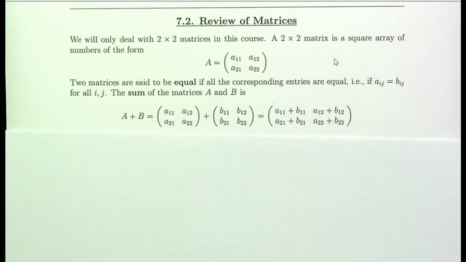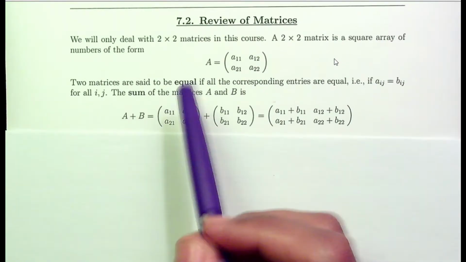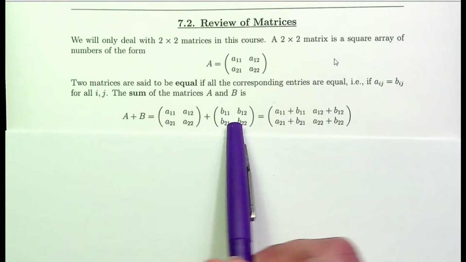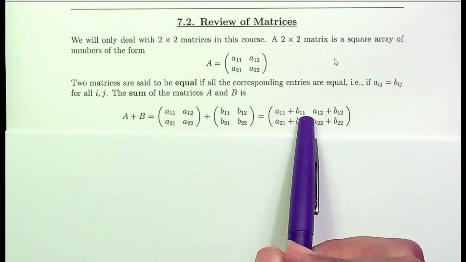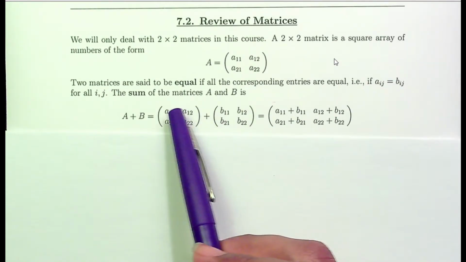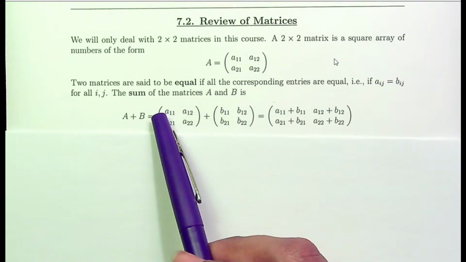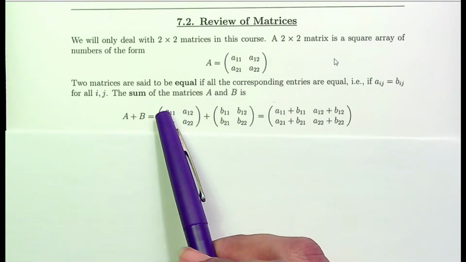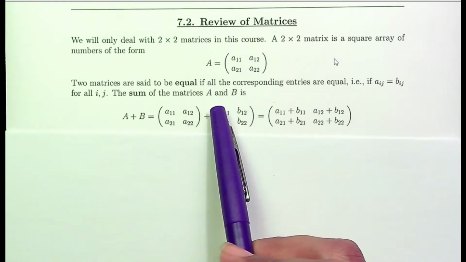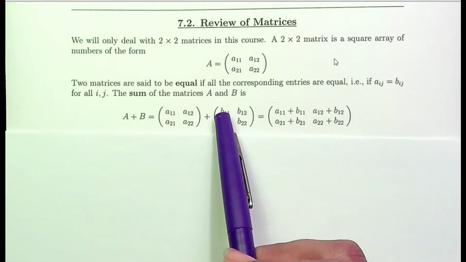If you have two matrices, you can add them really easily. We're supposed to have A and B. The way you add two matrices is by adding the entries term by term. So the entry in the upper left corner, you add it with the entry in the upper left corner of the other one.